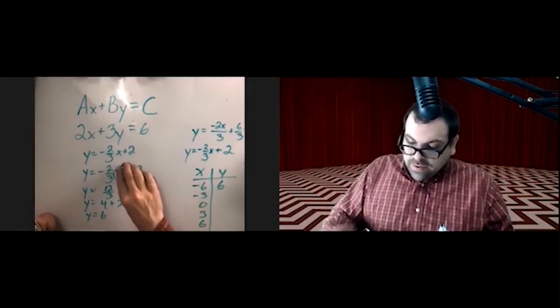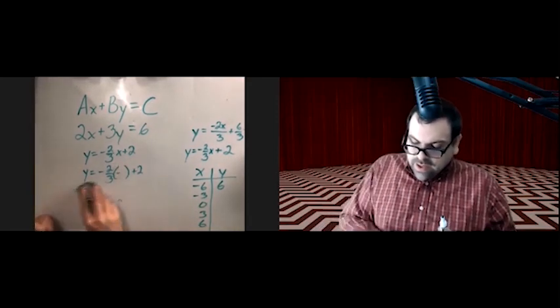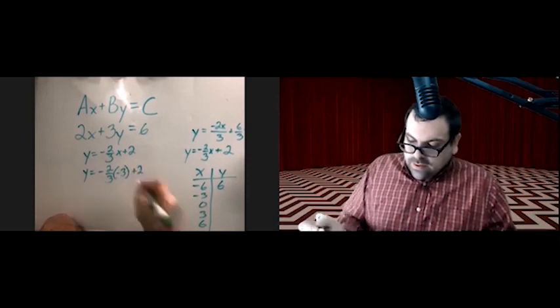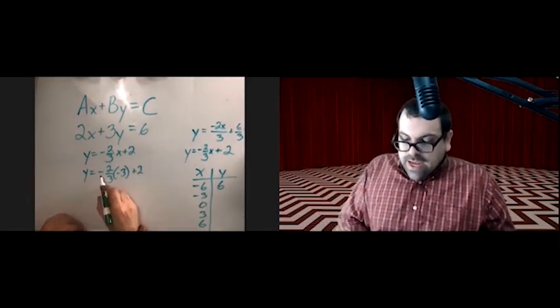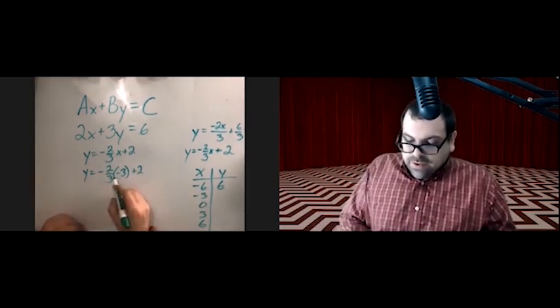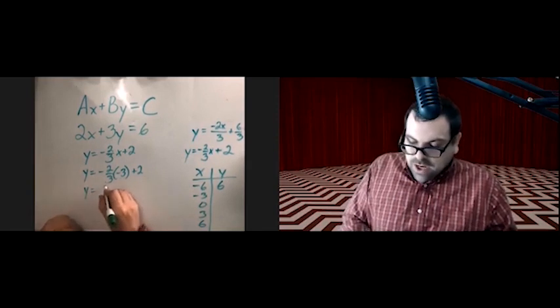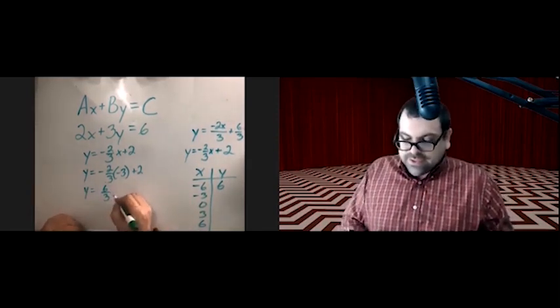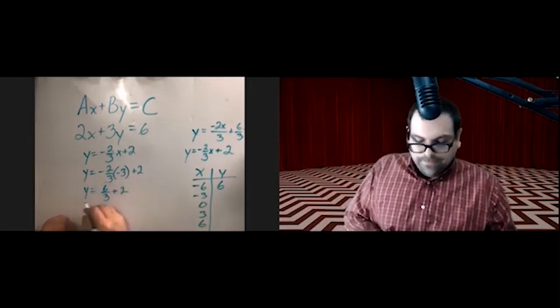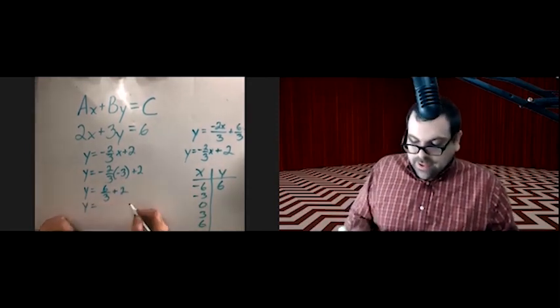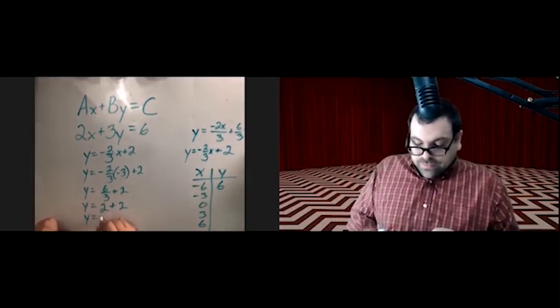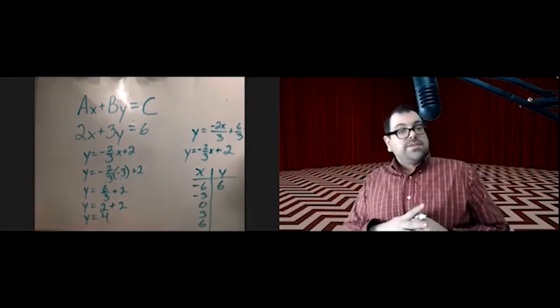Let's go again. What about when we plug in negative 3? Negative 2 times negative 3 would be positive 6. Positive 6 divided by 3 is positive 2. 2 plus 2 gives us 4.